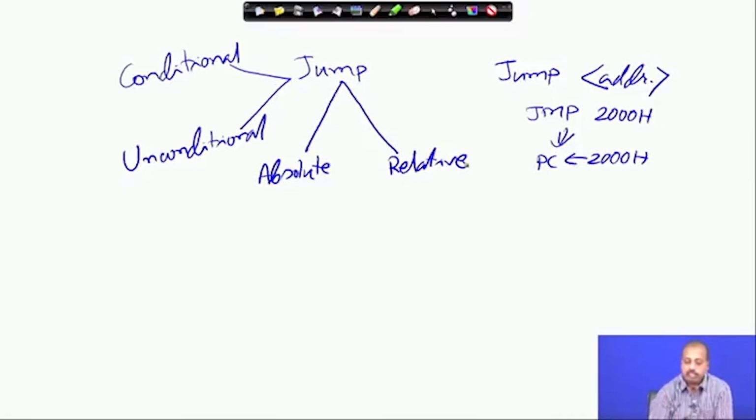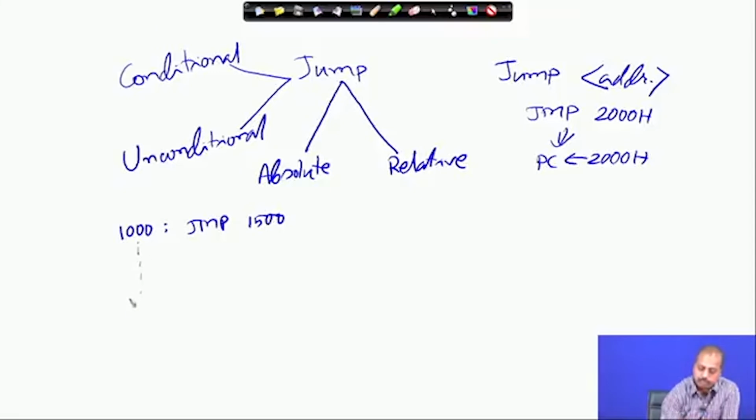Suppose at present we are executing at memory location 1000, and from here I want to go to location 1500. I put a jump instruction there so that the next instruction executed is the instruction at location 1500.